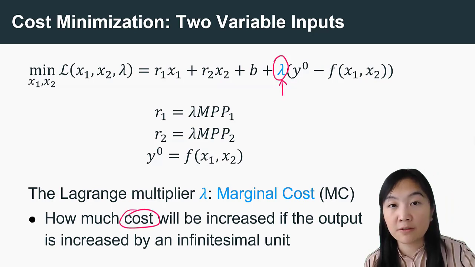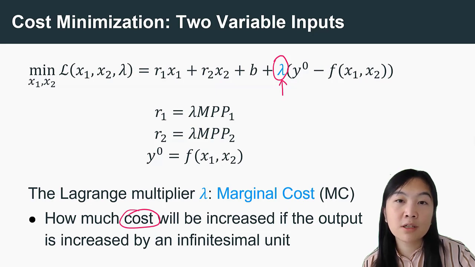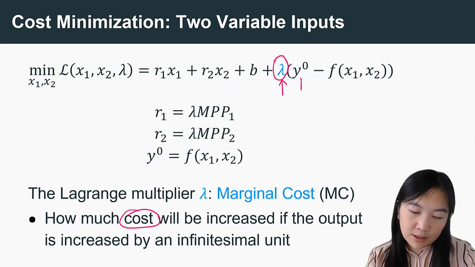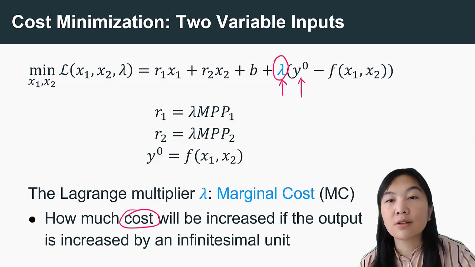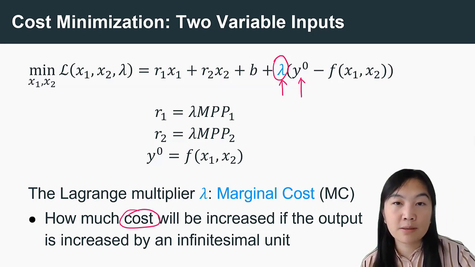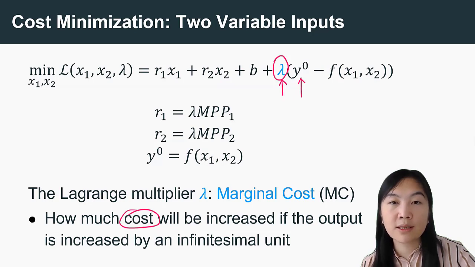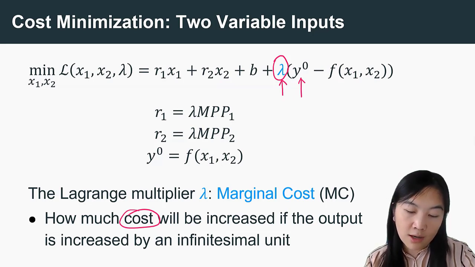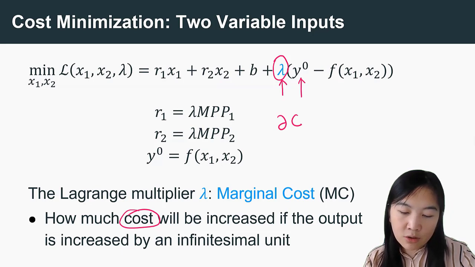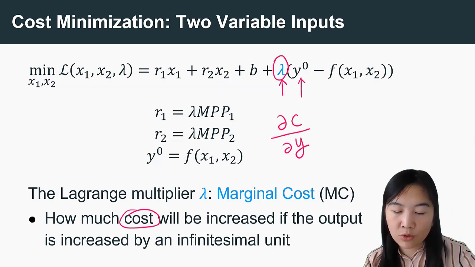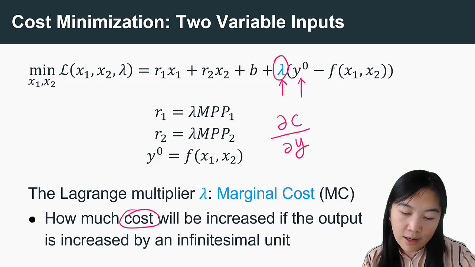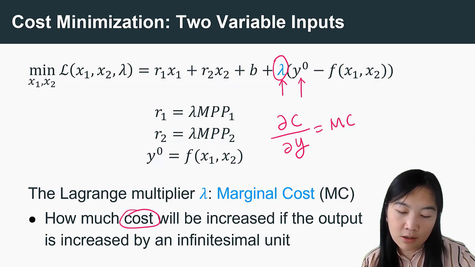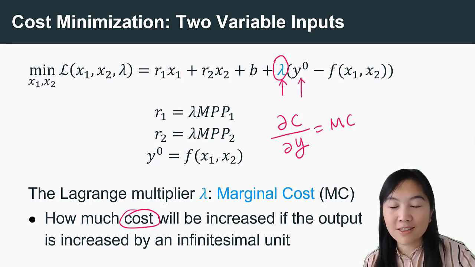Here, the objective function is cost. So it is how much cost will increase if the output, which is Y0 here, is increased by a small unit. So the change in your cost with respect to your output level is the definition of marginal cost.